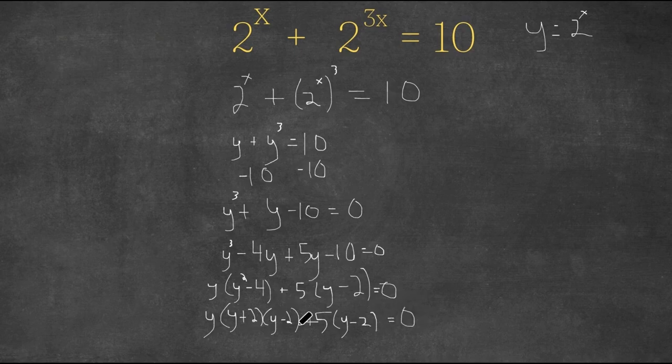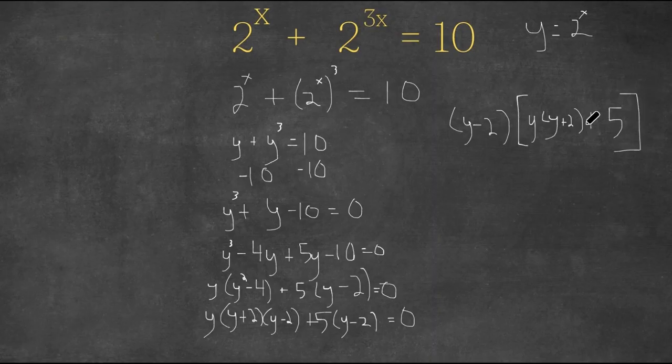And now, as you can see, since both terms have y minus 2 in them, we're going to factor out y minus 2. So if we factor out y minus 2, we get y times y plus 2, plus 5, and all of this still equals 0.